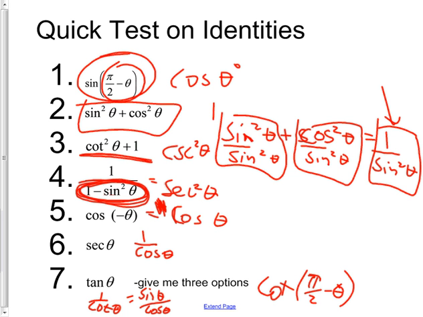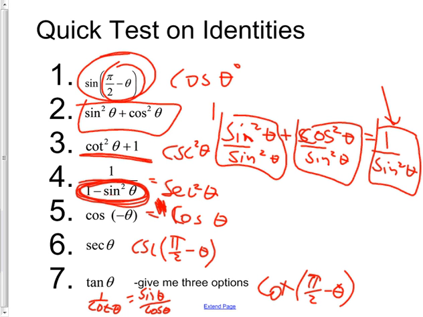Guys, quiet. Okay, yes, that actually is a correct answer. I just heard you wrong. Cosecant of pi over 2 minus theta is a correct answer to that. You are right. It's not what I was intending, but it's a right answer.